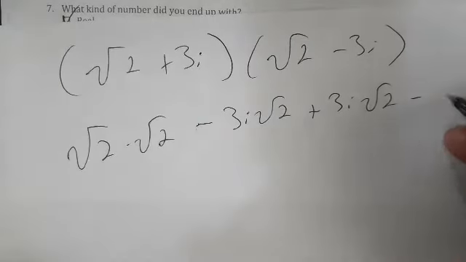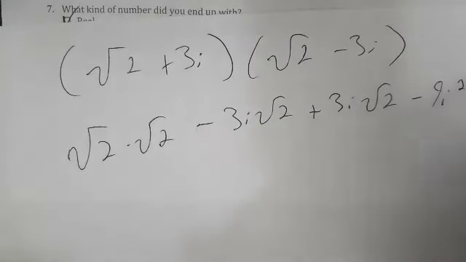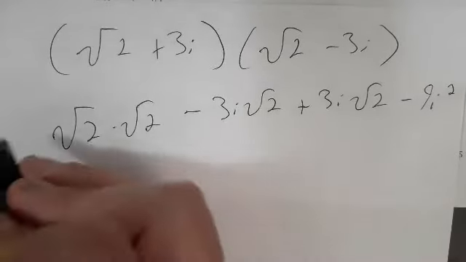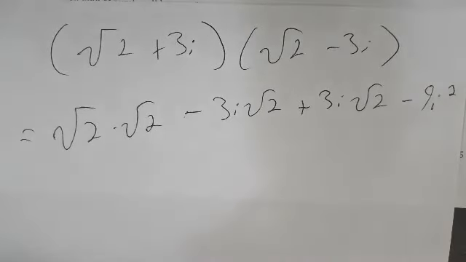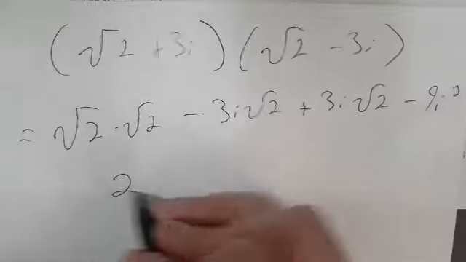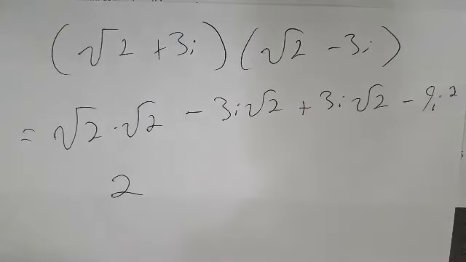The last thing is a minus 9i squared. Root 2 times root 2, I didn't do it, but you have the same thing multiplying itself underneath the square root. That is 2. And this thing right here in the middle, those simplify to 0.